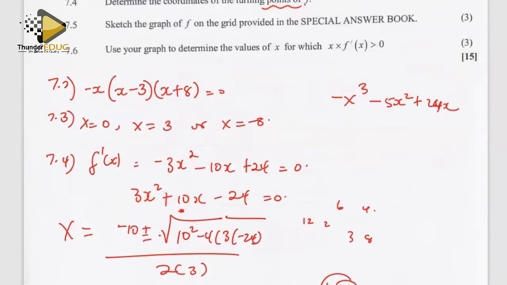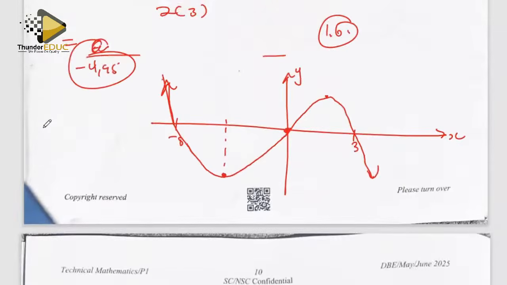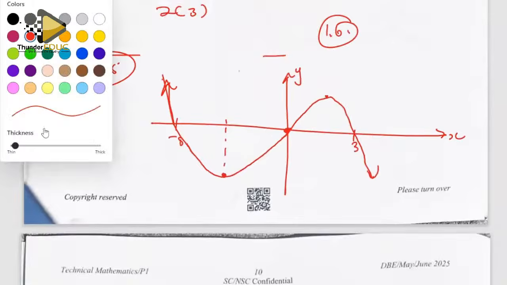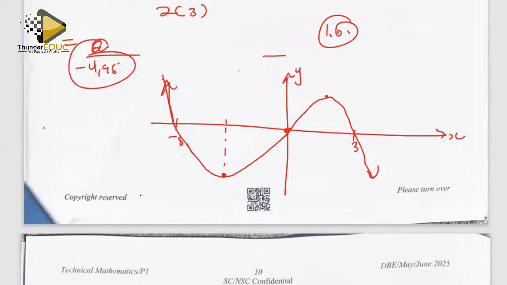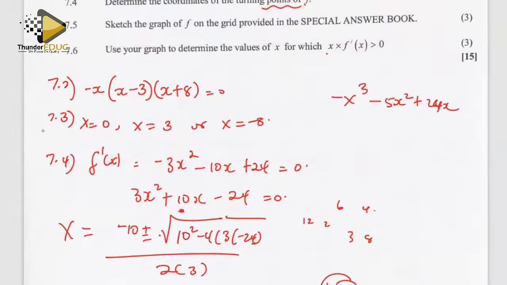Then lastly, 7.6, determine the values of x for which x multiplied by this is greater than 0. So the answers that I got for this, for 3 marks: x must be greater than 3. The negative 8 is less, because this one is decreasing, and if it is decreasing, this one must also be below.